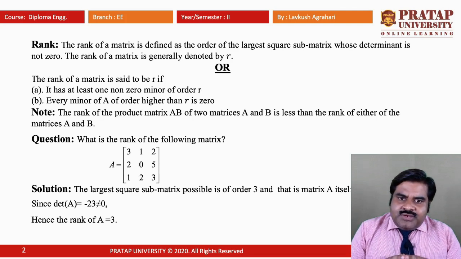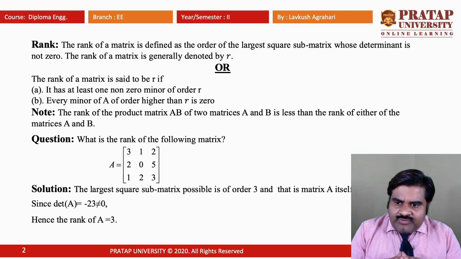It can be less than 3, like 2, 1 or 0. If we find any minor of the matrix A whose determinant is not 0, then we can say the rank of the matrix is 2.